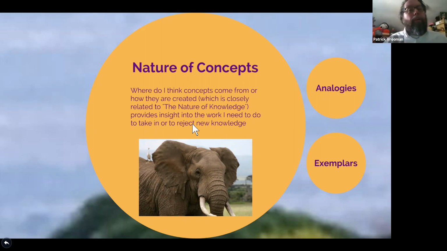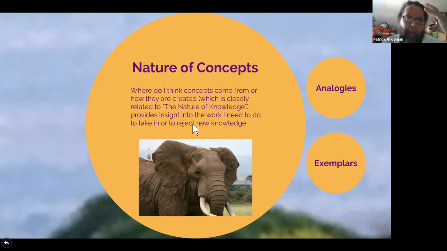The Park article has descriptions of each of these critters, and that's where I organized this Prezi based upon that article. So another one is this nature of concepts. Same thing as nature of knowledge, but this is nature of concepts.